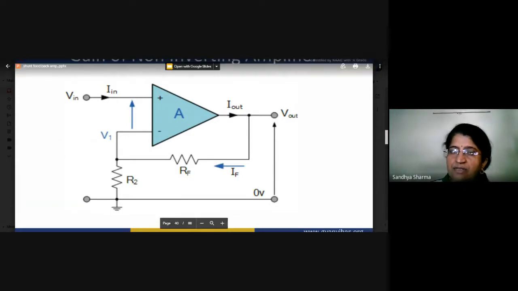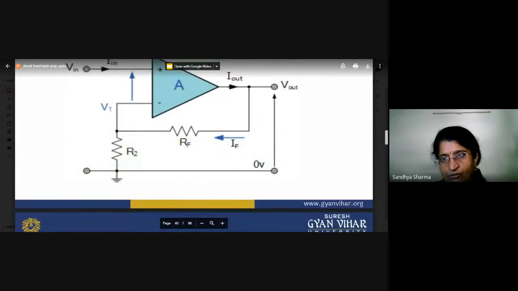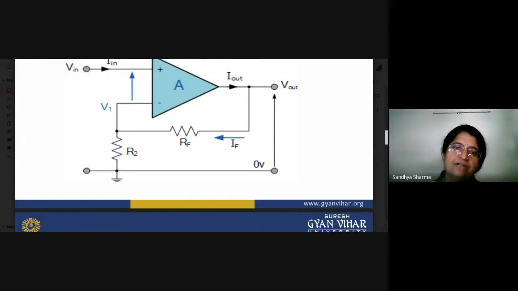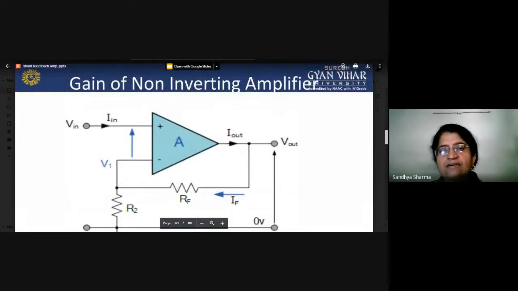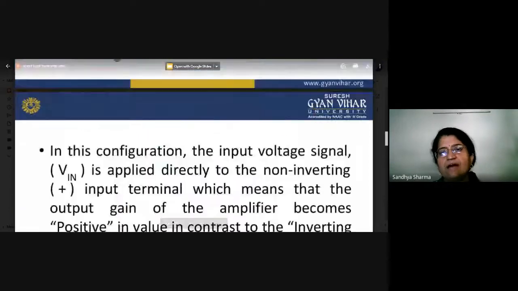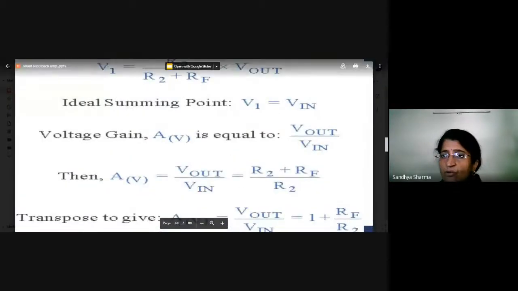So both are equal. If we talk about the total closed loop voltage gain, output upon input, that is the total closed loop voltage gain of this non-inverting amplifier. Since VIN is equal to V1, you can put the value of VIN in terms of V1.